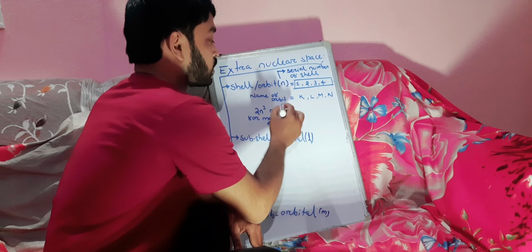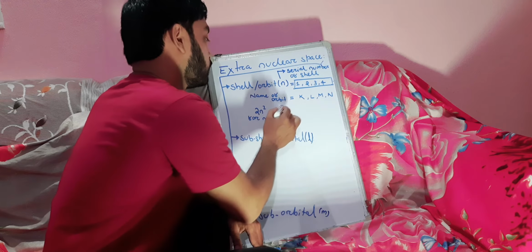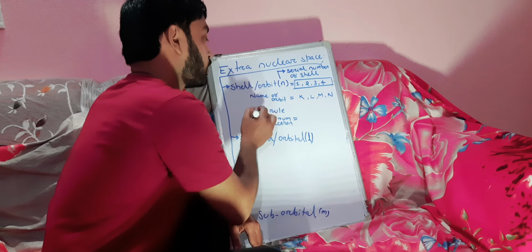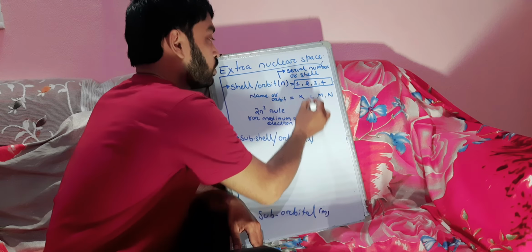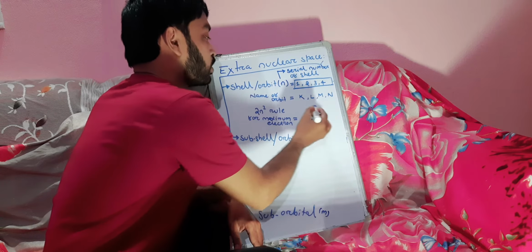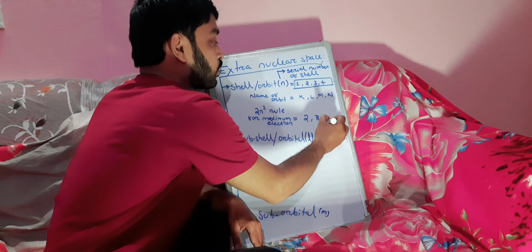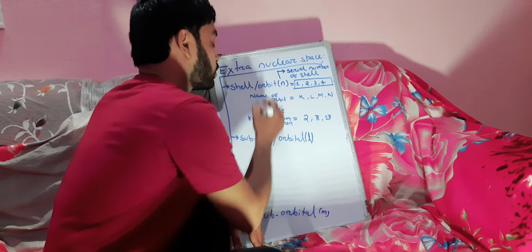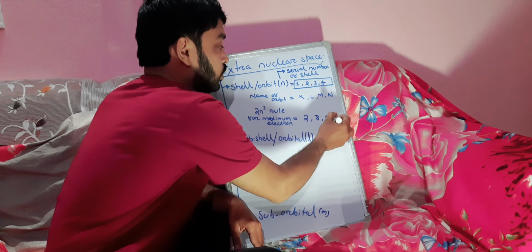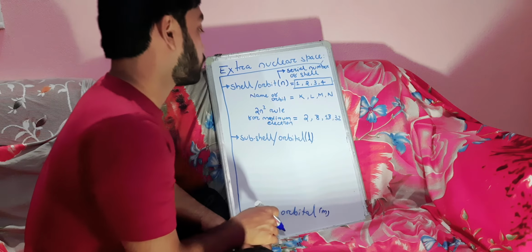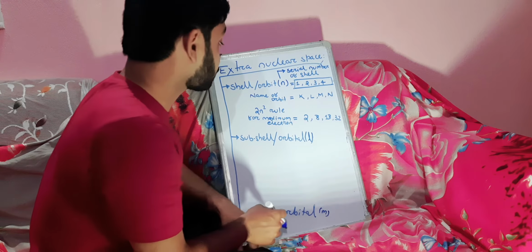The K shell can occupy 2 times 1 square, that means 2 electrons. The L shell, 2 times 2 square, equals 8 electrons. The M shell can occupy 18 electrons, and 32 electrons can be present in the N orbit according to the 2n square rule.